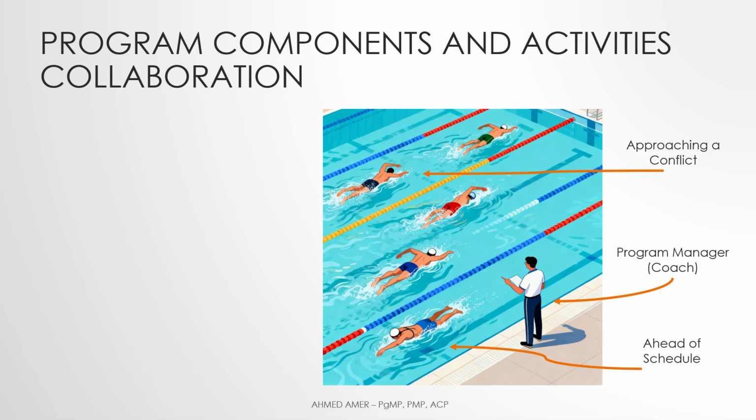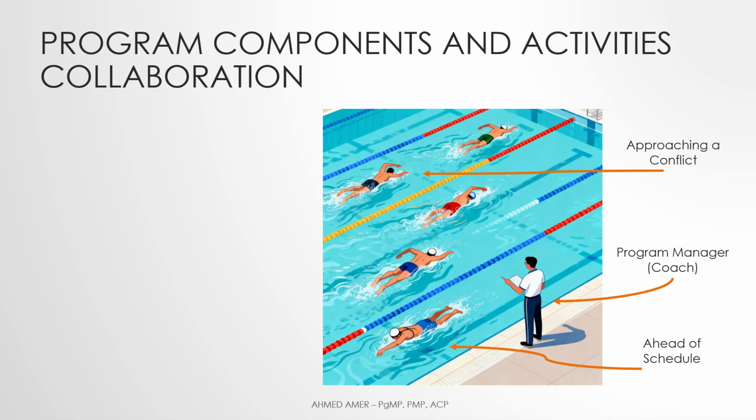It's the program manager's responsibility to balance the individual demands and goals of each component with the overarching demands of the program. The program management function must ensure that isolated optimization efforts or efficiency initiatives carried out by individual program components and activities do not create challenges for other components or disrupt the balance of the program's benefits realization goals.